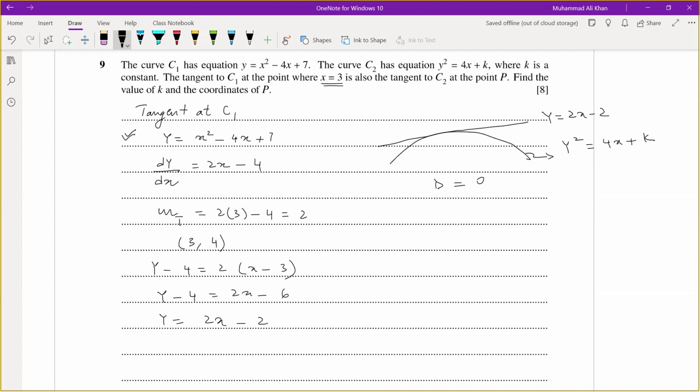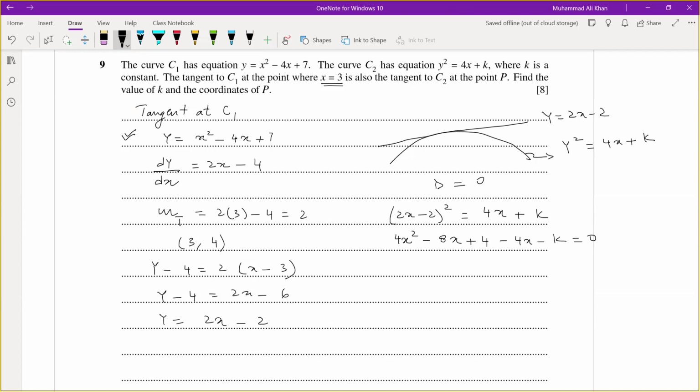और discriminant equal to 0 करने के लिए we have to make an equation in x. तो दोनों को जरा simultaneously solve करते हैं. y की वैल्यू 2x minus 2 equation of the curve में रखते हैं. So it will be 2x minus 2 whole square equals 4x plus k, and this one will be a square minus 2ab plus b square minus 4x minus k equals 0.